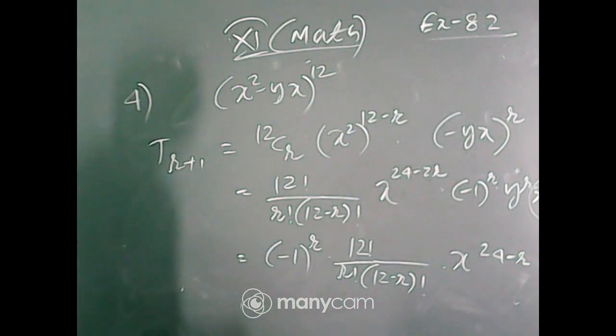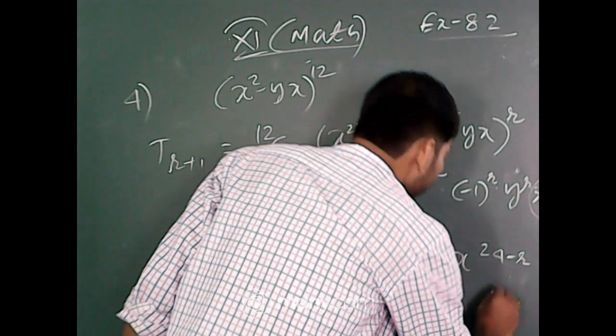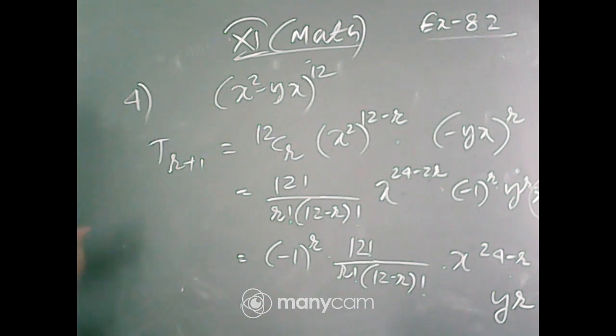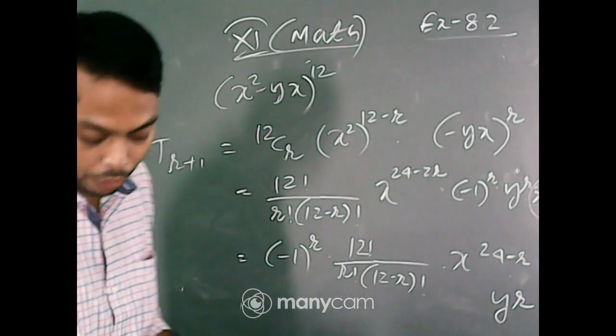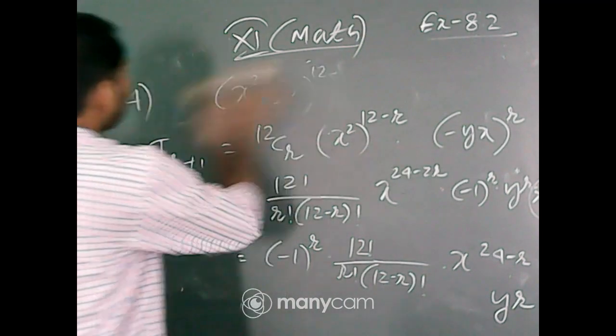So after calculating it will give you x to the power 24 minus r into y to the power r. So that is the general term of x square minus yx to the power 12. So that is our question number 4. Now move on to question number 5.